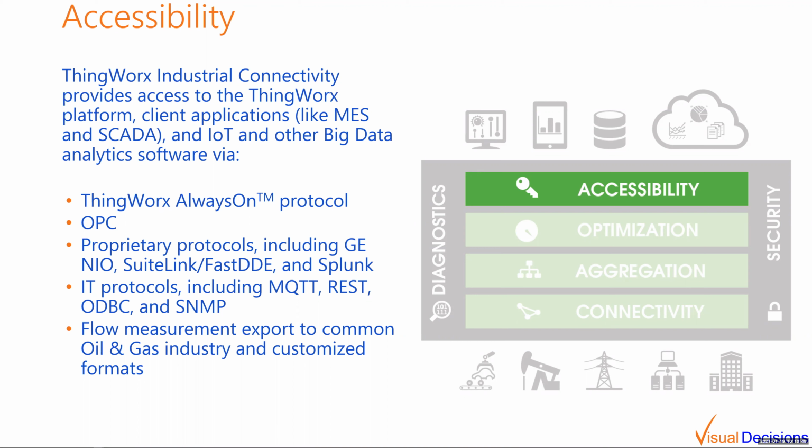It supports proprietary protocols from leading automation software and IoT solution providers. So not just ThingWorx, but additional solutions as well. It supports several IT protocols for integration with on-premise applications and cloud services. And it also supports the export of historical EFM, or electronic flow measurement data, or historical trend data to files and/or databases, to industry formats and customizable formats.